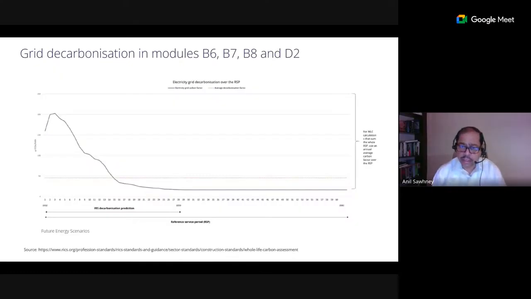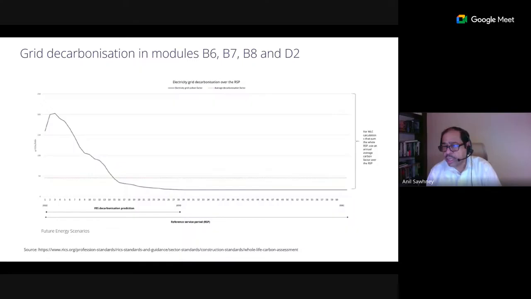You can see how the electricity grid carbon factor is going to change over time. That's the purple line. I don't know how clear it is. And the average decarbonization factor is also shown in that orange line, the straight line, which is about 50. I can't read that, but I think it is tons of carbon dioxide equivalent per megawatt hour, or whatever that number is.